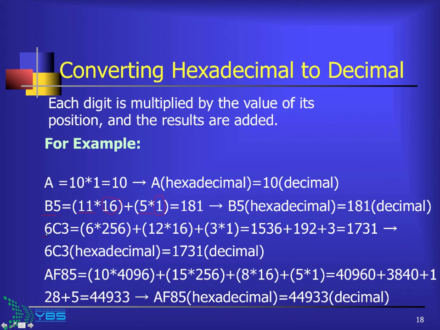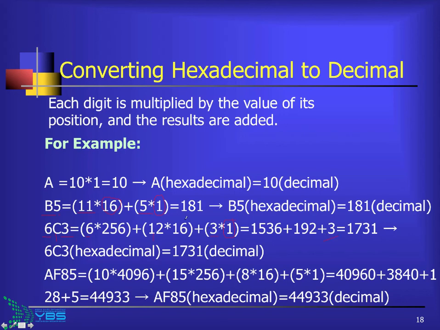Let's say 6C3. 6 is here, C is 12, and 3 is 3. Starting from the right, what is the first digit of the hexadecimal number? 16 to the power 0 means 1. 1 times 3 is 3. It's coming from here.